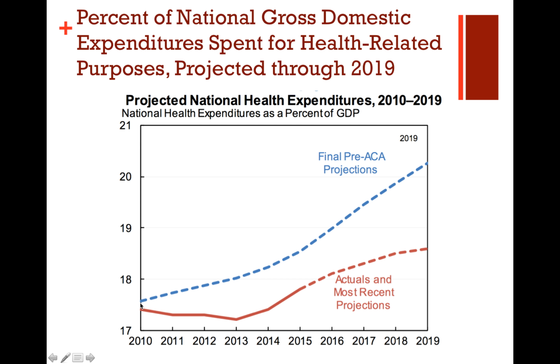So if the Affordable Care Act had not been enacted, this is what we would project. Our spending would be increasing quite dramatically. This is what actually happened upon discussion of the Affordable Care Act, when it was enacted, and then what our most recent projections are. So what's been going on.